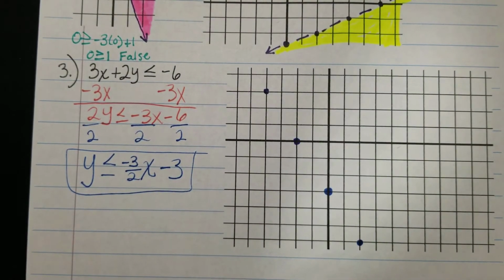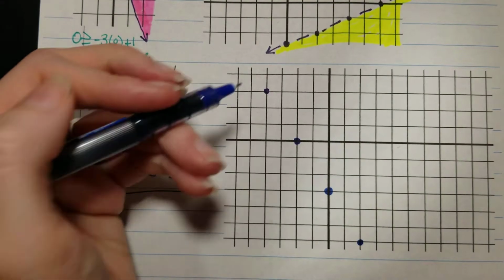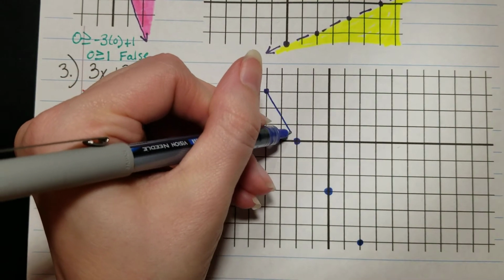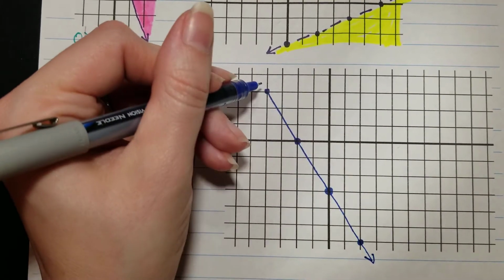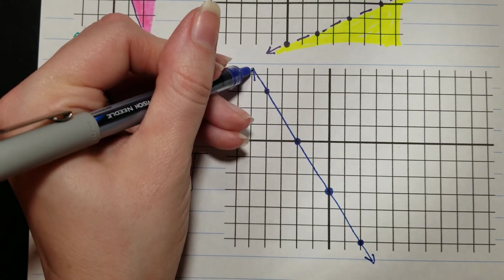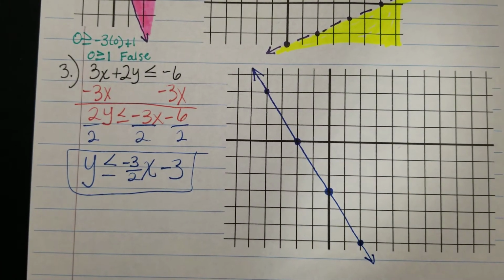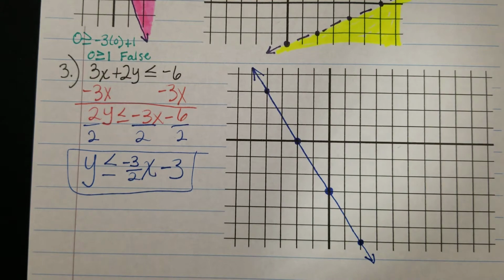This is less than or equal to, so I can use a solid line. And it's less than, which means I'm going to shade below the line.